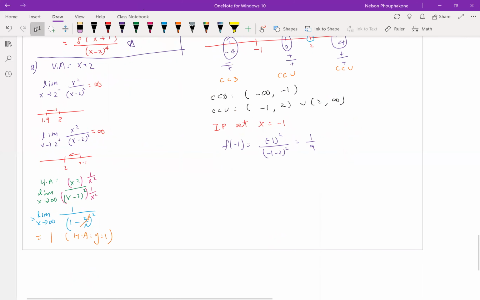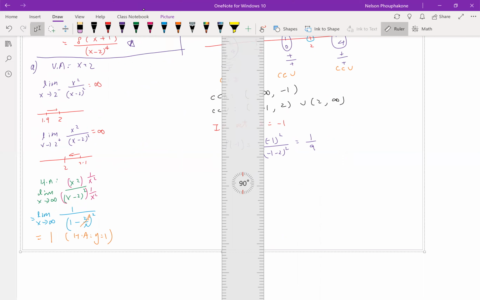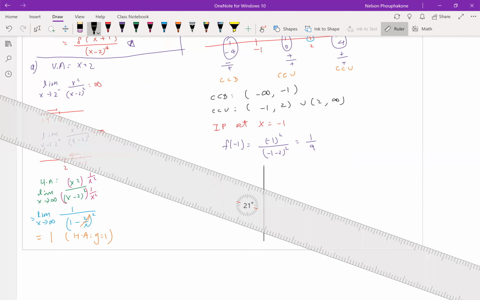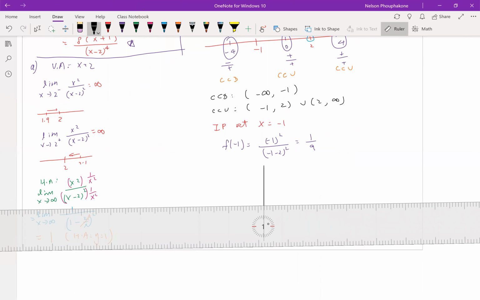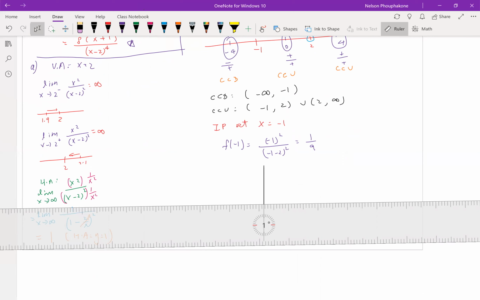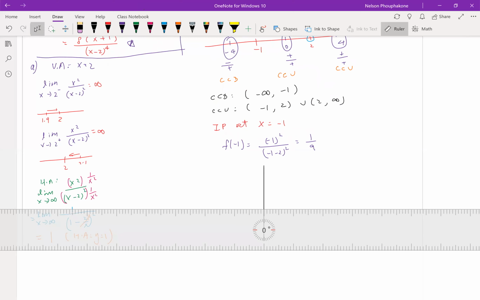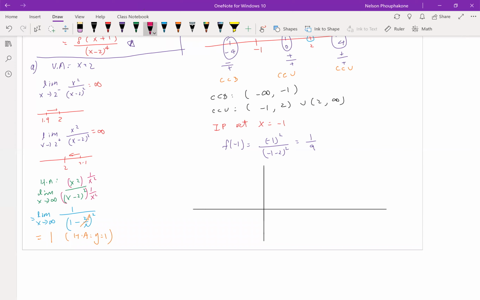Now we have everything, and we are going to sketch the function. What we need to do is have a scale.